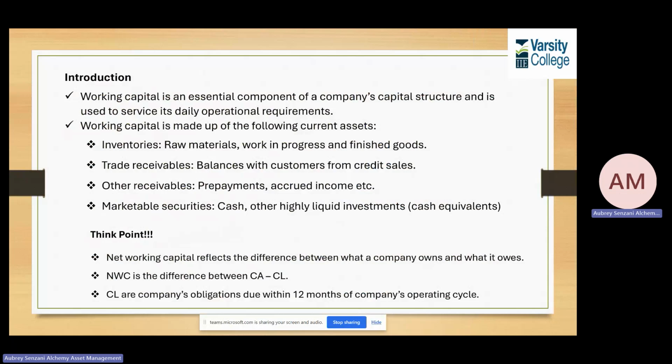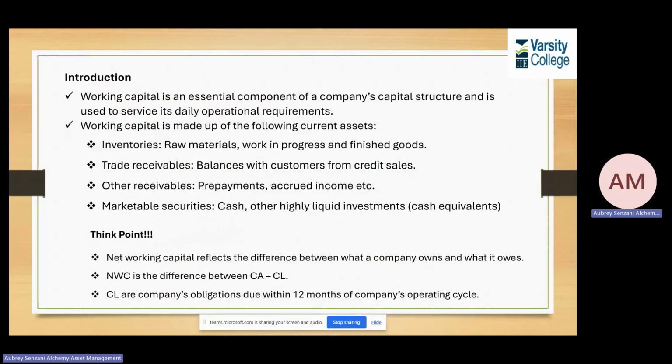Okay, so here it says working capital is an essential component of a company's capital structure and is used to service its daily operational requirements. The moment you think working capital, you must be thinking your operations, okay? Funding your operations.